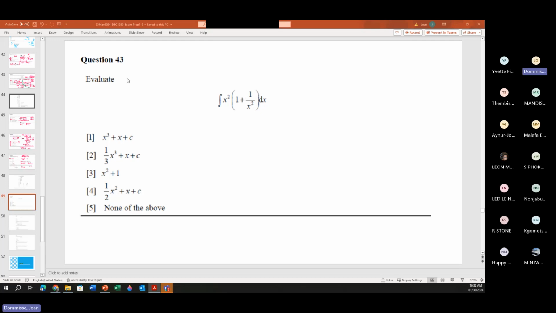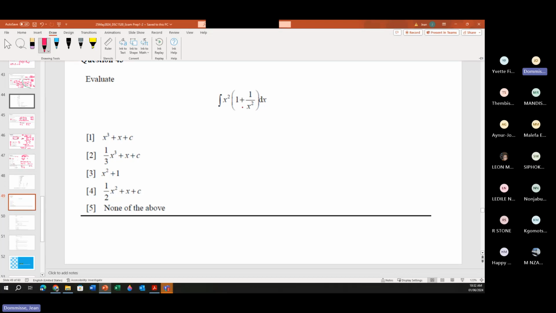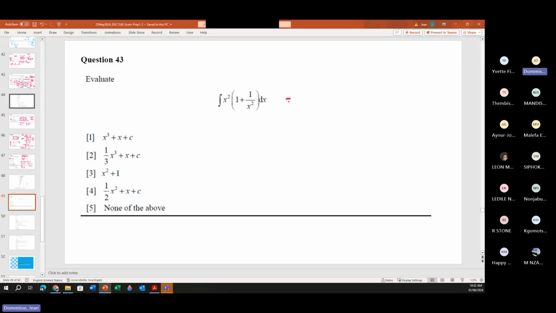So what I would do first with this is to say, but hang on, let's just first multiply out, because this feels way too difficult for me to look at without first multiplying out. So let's do that.